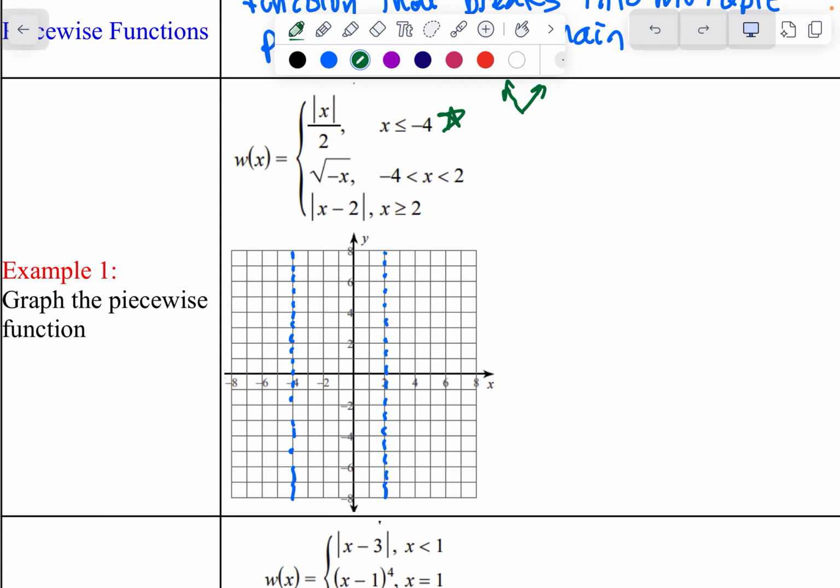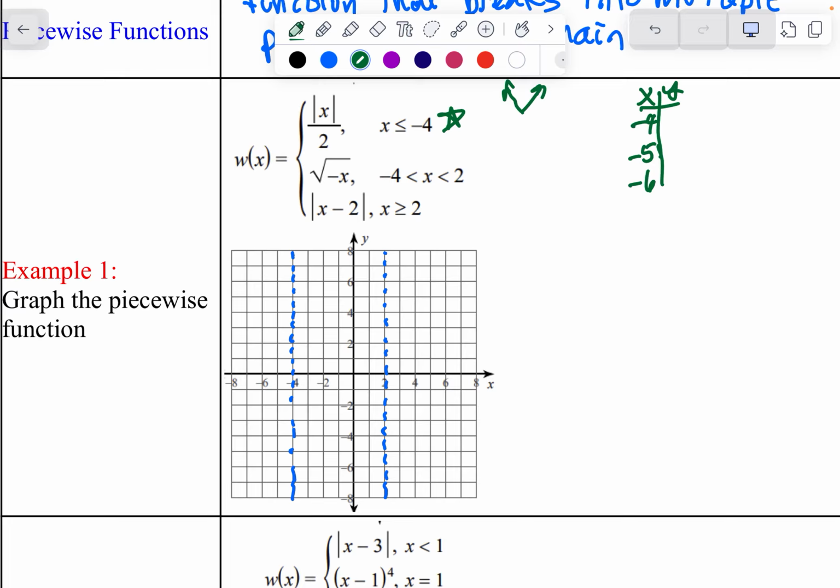Now let me show you how to do it. Because -4 is on our border, I definitely want to see what -4 is doing. And then anything less than -4, why don't we plug in -5 and -6? Now we know it's a v, but we only get to show up in that portion of our border.